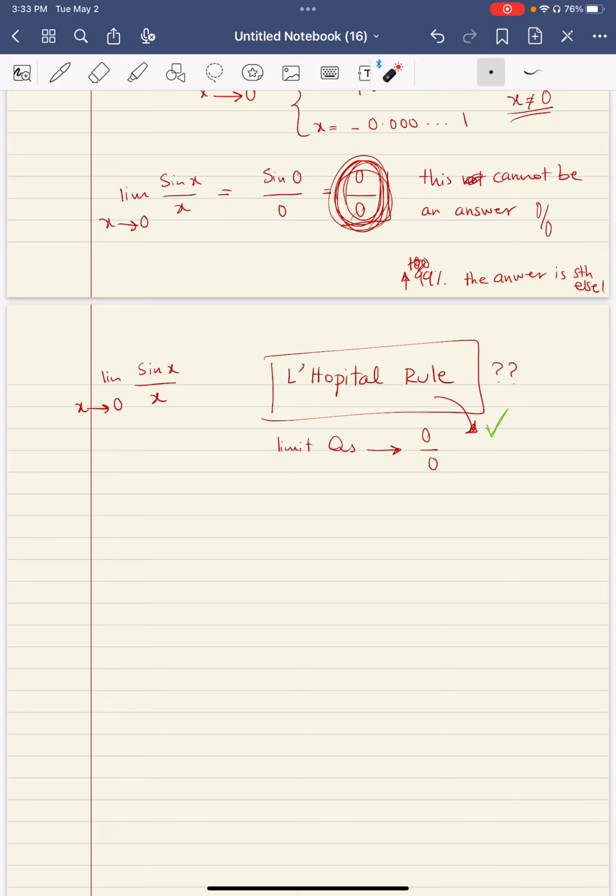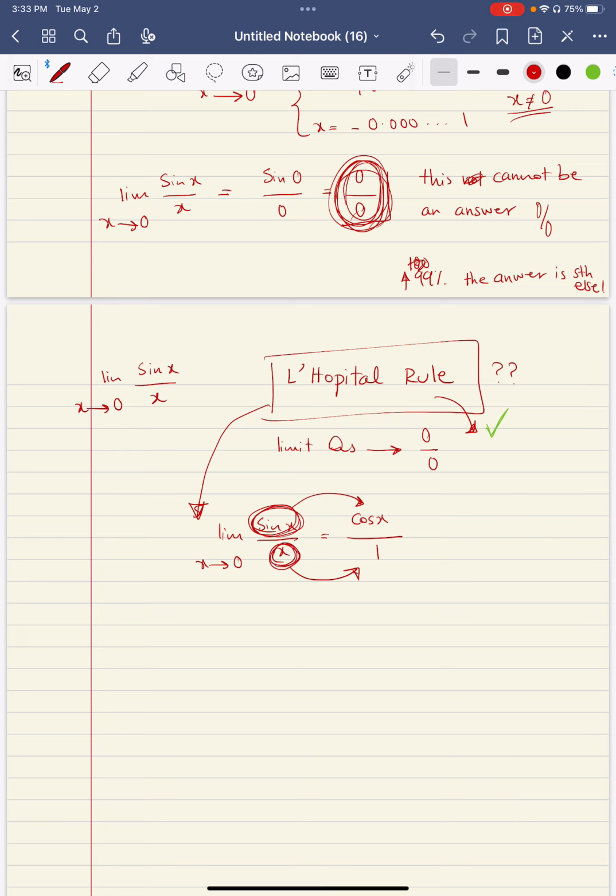But what is it saying? L'Hopital's rule says that when you get to 0 over 0, you can find the derivative of the sine x in here, or anything that was here, and the derivative of the x as well.